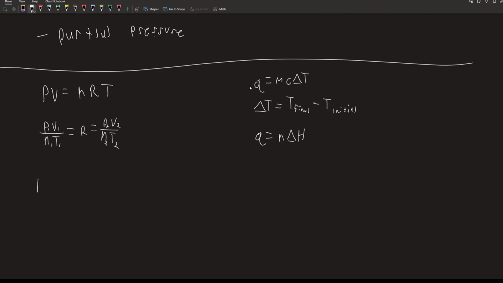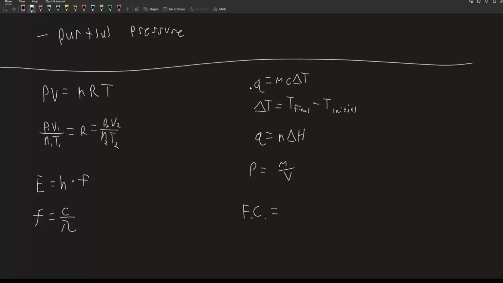What else? We need energy is equal to Planck's constant multiplied by the frequency. And we know that frequency is also equal to the speed of light divided by the wavelength. Density is equivalent to mass over the volume. What else? Formal charge.